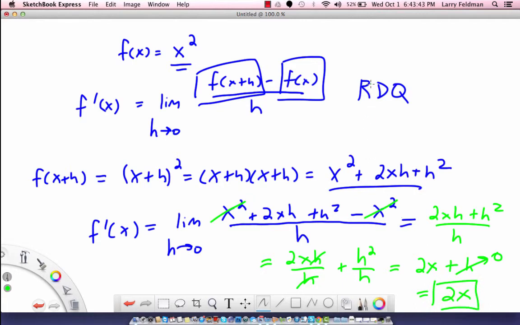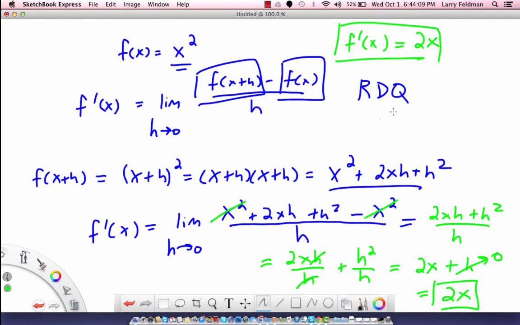Now that's a really important answer, because what that says is that the slope of the tangent line equals 2x. And that shouldn't be a surprise, because the slope of the tangent line, which is f prime of x, depends upon the x value that you choose.